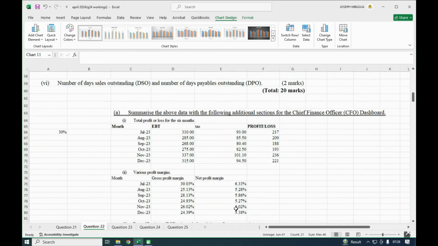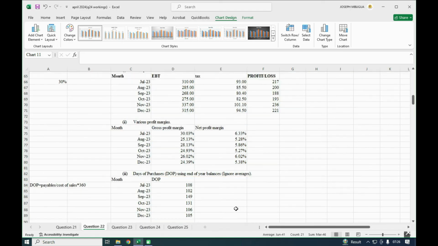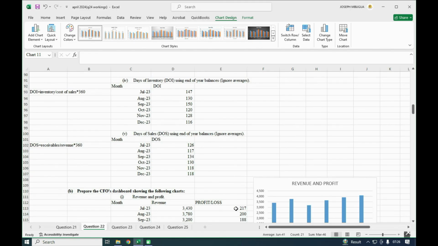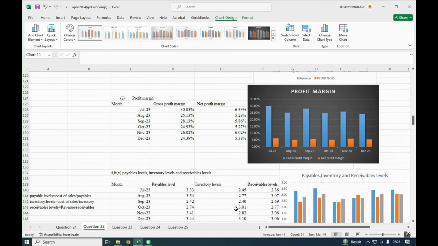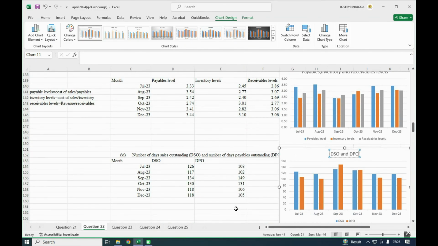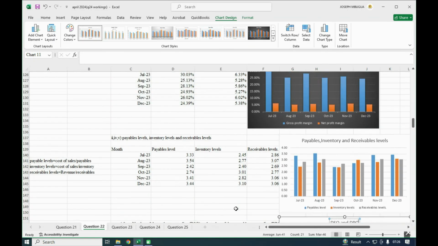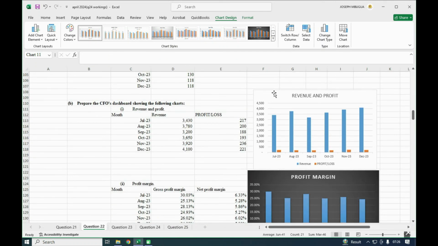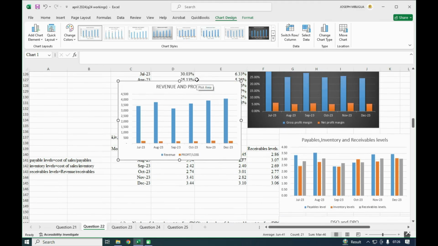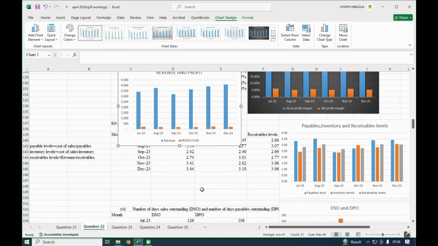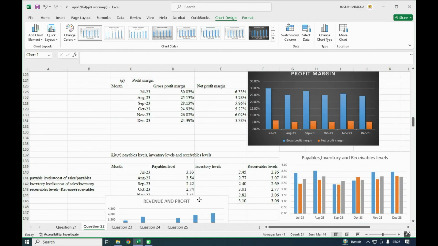So they had said what? Prepare CFO dashboard showing the following charts. So we have to prepare the dashboard showing these particular charts. And remember, I have just prepared 4 of them, so I can easily put them together to form a dashboard.